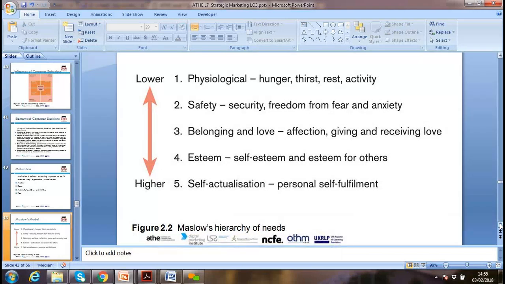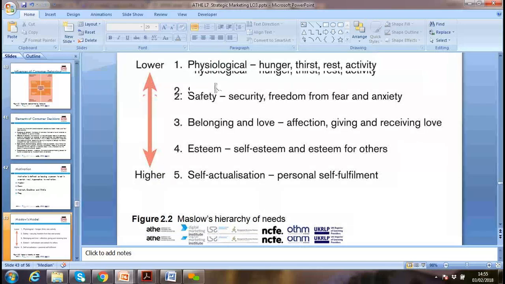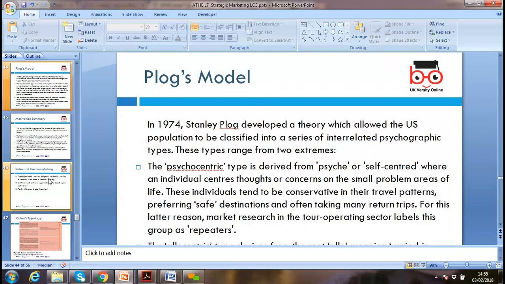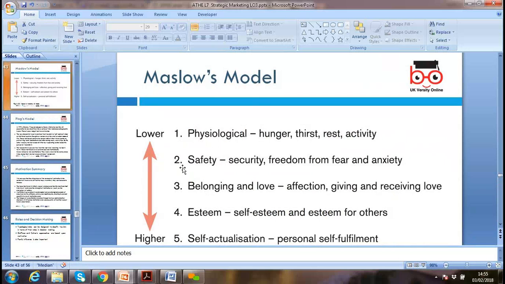So as a manager, when we are making decisions, we need to identify what needs they have and try to meet them. Like we have water coolers there. Yes, we can provide them. We can give them breaks. It's a legal requirement as well, but as individuals we need to look at the basic needs. Safety: at the workplace we need to provide a safe environment, gloves and that sort of thing.